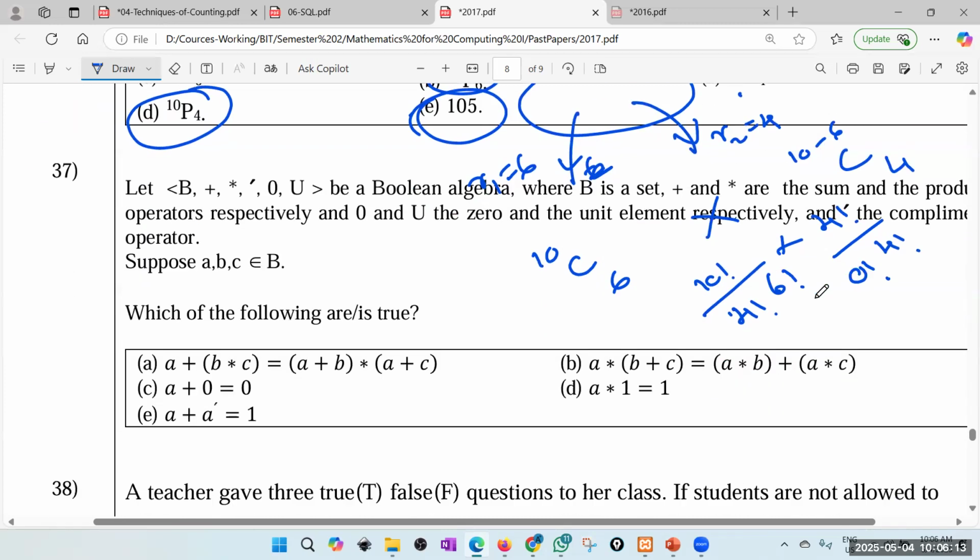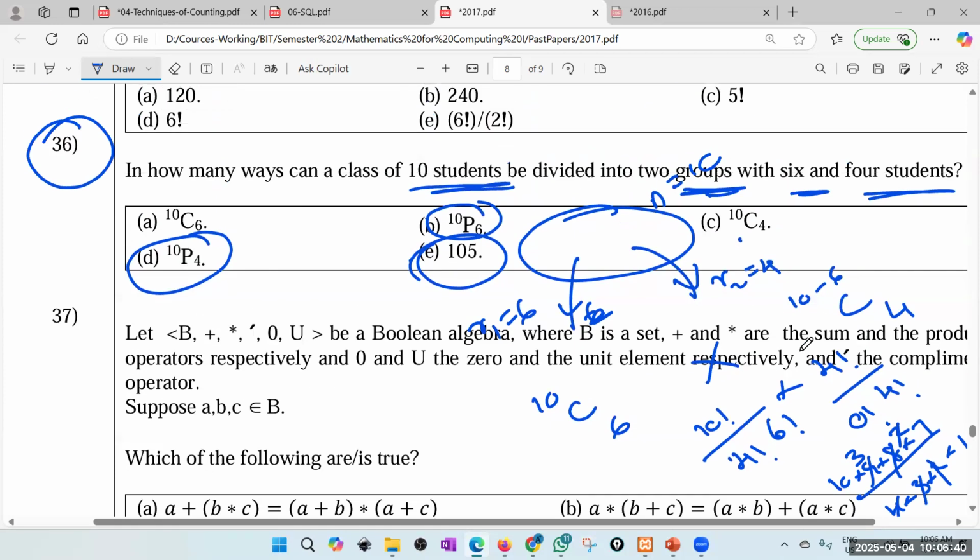And here we get 10 into 9 into 8 into 7, because 6 and other things get cancelled. Then 4 into 3 into 2 into 1. So 4, we can say 2 here, and this 2 and this 2 get cancelled. 3, maybe 3 here. 7 into 3 is 21. 21 into 10 is 210.